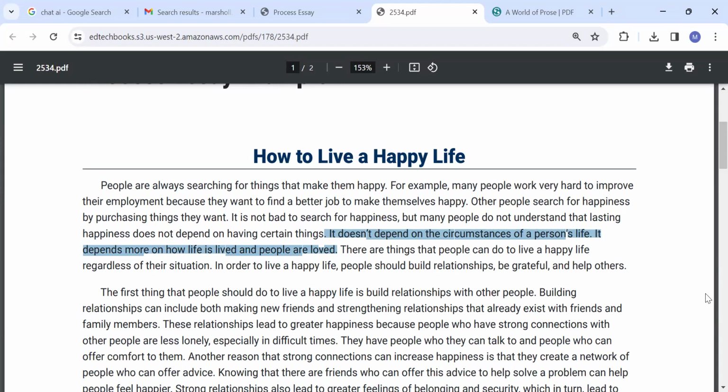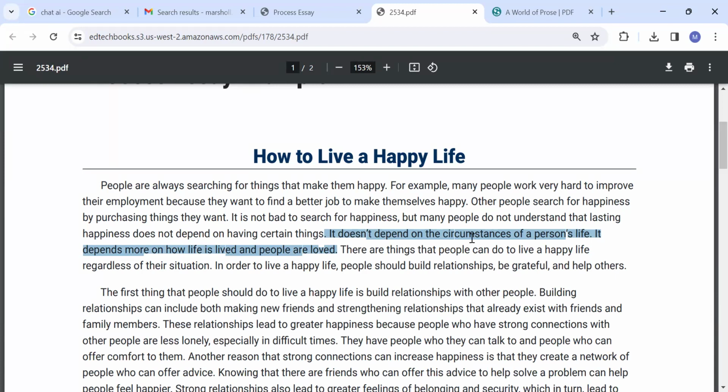It does not depend on where you were born or who you are. So all of these sentences, as you can see, they're clarifying what is happiness. And when I say clarifying, I mean they're telling you what are some of the misconceptions of happiness, just so that the reader can understand that happiness is not what most people think it is.